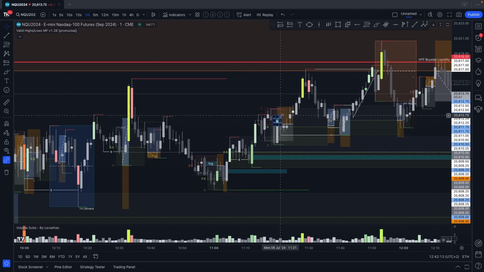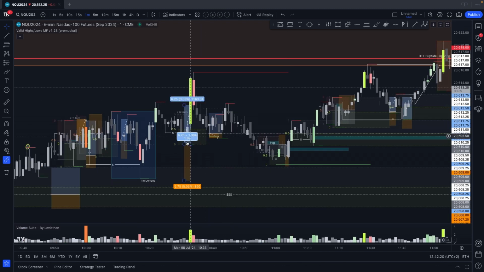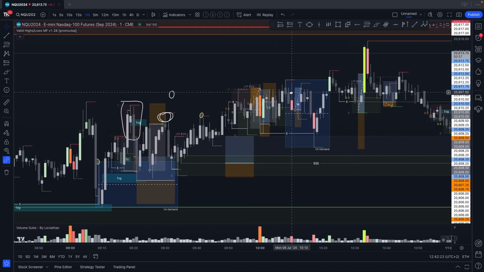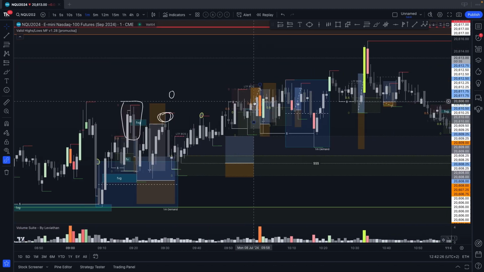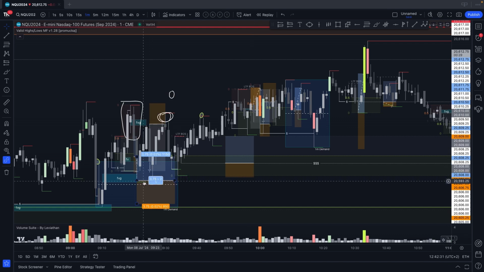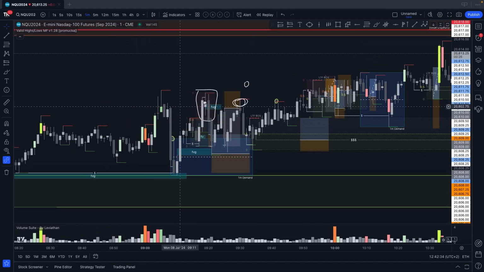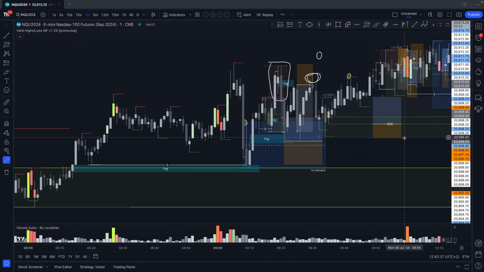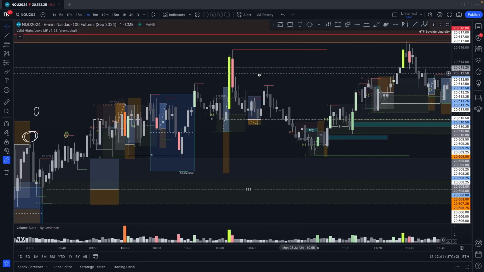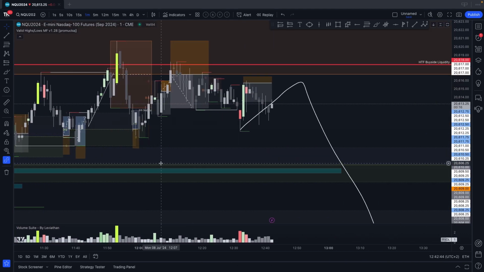This is TP, 4, 5, 6, 7, 8, 7, 9, 10, 9. So in just 2 hours we have 9R, without considering any trade in which we have R higher than 1 to 1.